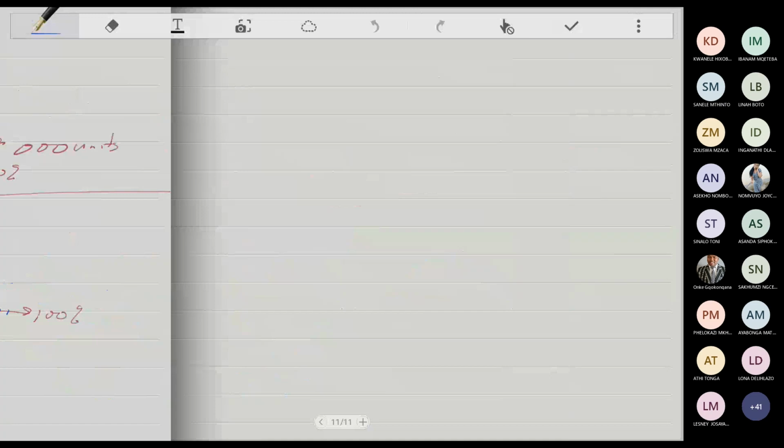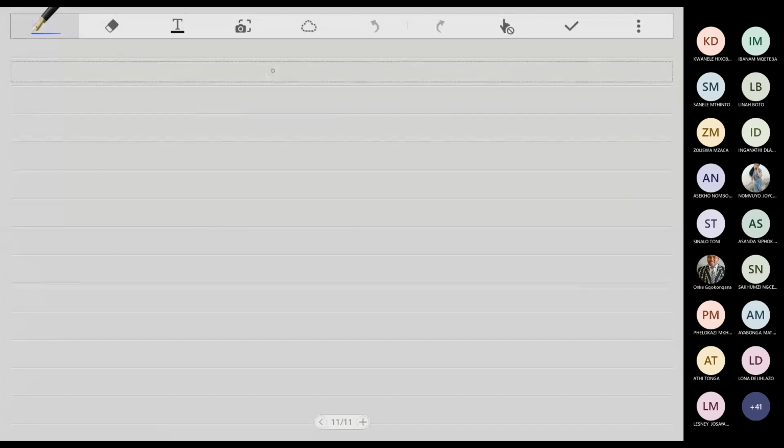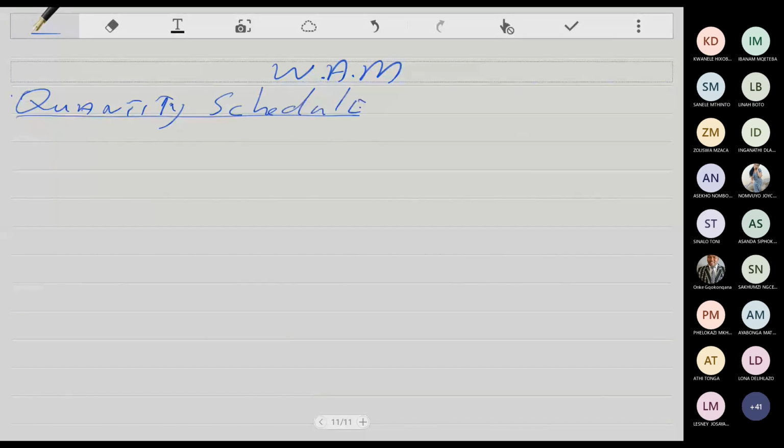Sorry for that. So firstly, we said that we're using weighted average method. Then we start with our quantity schedule.